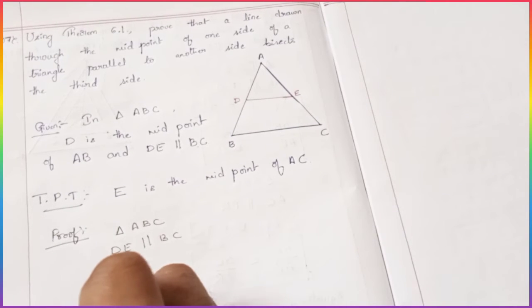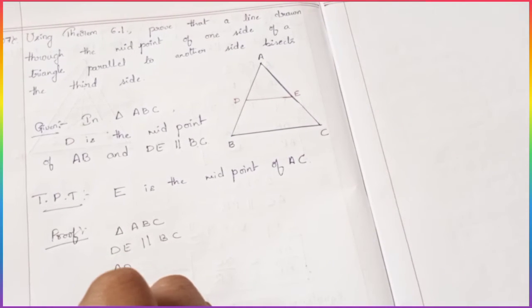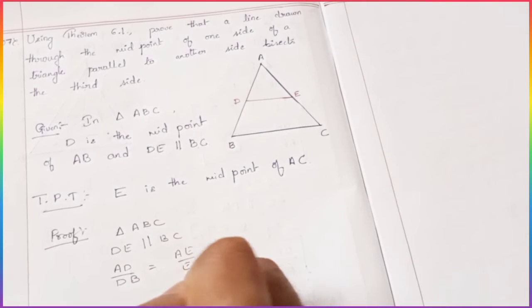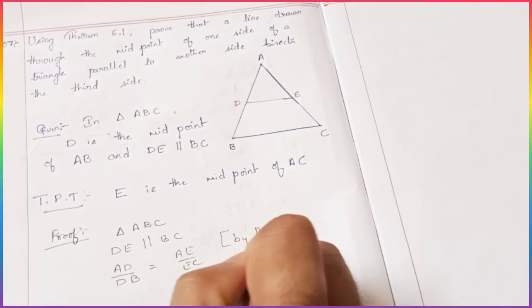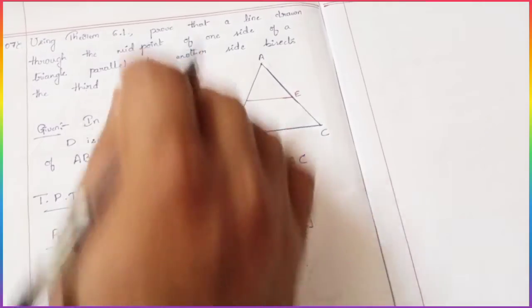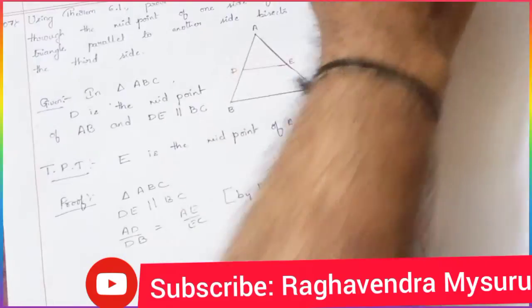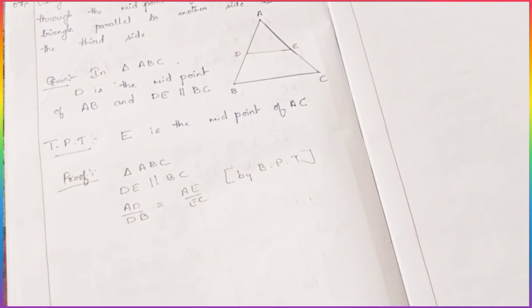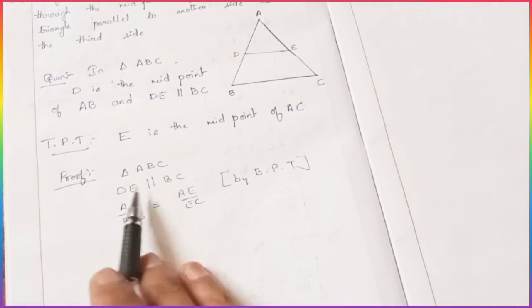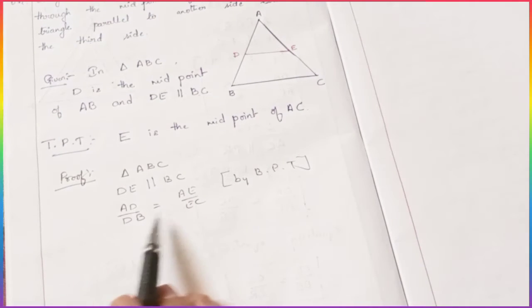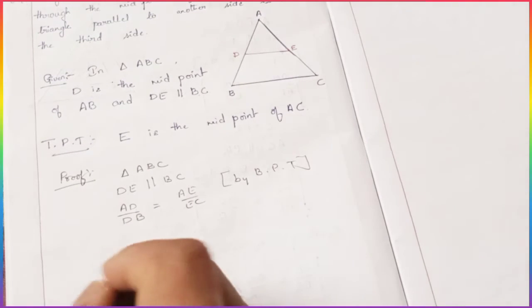So the ratio AD by DB should be equal to AE by EC. This is by the basic proportionality theorem, or Thales theorem. I hope you are understanding this. In triangle ABC, DE is parallel to BC, which was given. Therefore the other two sides are divided in equal ratio by the basic proportionality theorem.